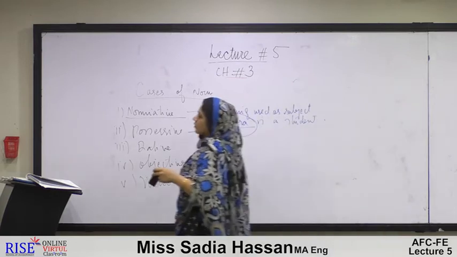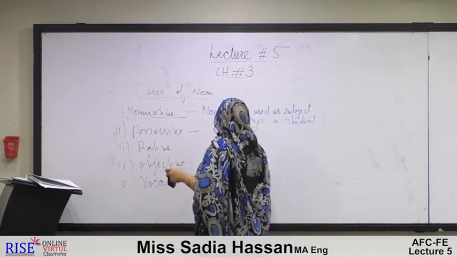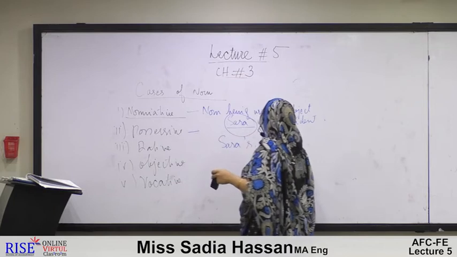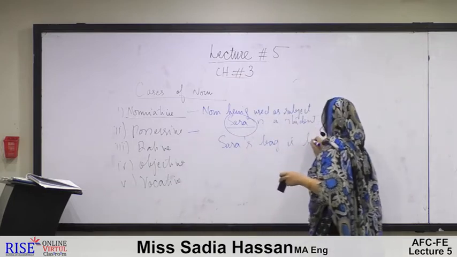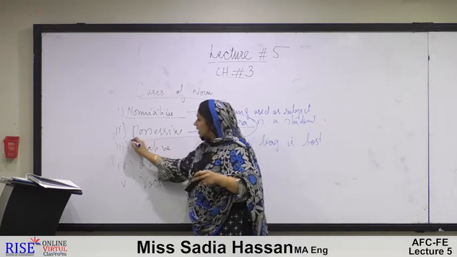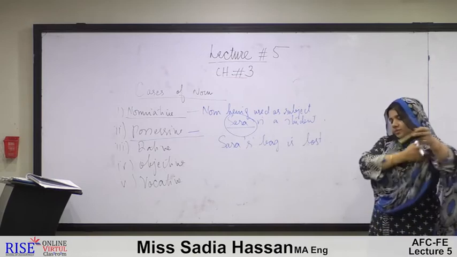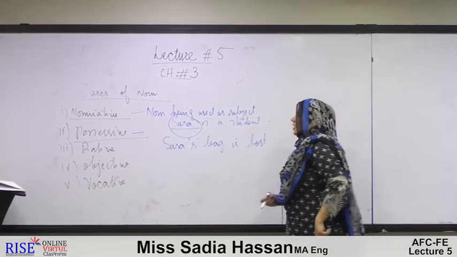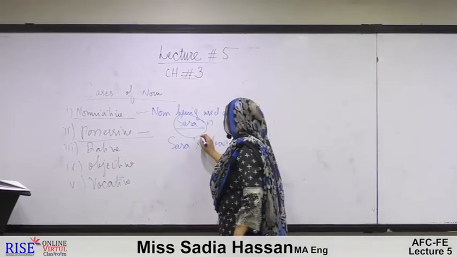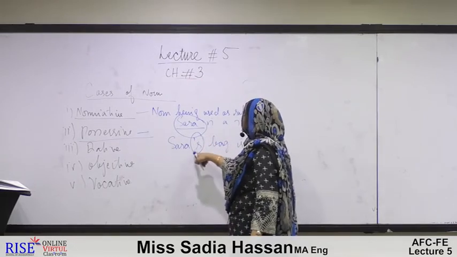What do we mean by possessive case? By possessive, I mean Sarah's bag is lost. Possession we will see in detail in the topic of pronoun, how the possession is formed. Actually, possession is formed with apostrophe S. Sarah's.